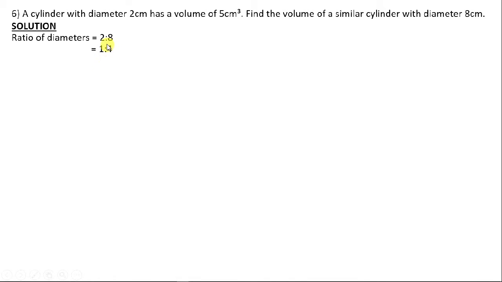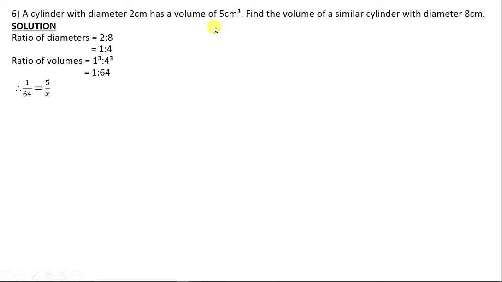Now, the ratio of the volumes is supposed to be A cubed to B cubed. So we are going to cube this 1 and we'll cube that 4, meaning multiply 1 by itself 3 times, multiply 4 by itself 3 times. So the ratio of the volumes was 1 to 64. If you multiply 4 by itself 3 times, you get a 64.